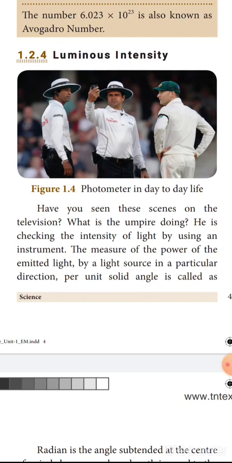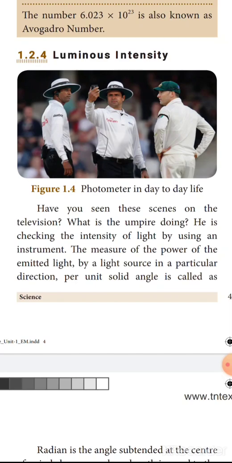Have you seen these scenes on the television? What is the umpire doing? He is checking the intensity of light by using an instrument. Every match the umpire checks the light using one instrument, that is a photometer. Then the umpire checks the luminous intensity.